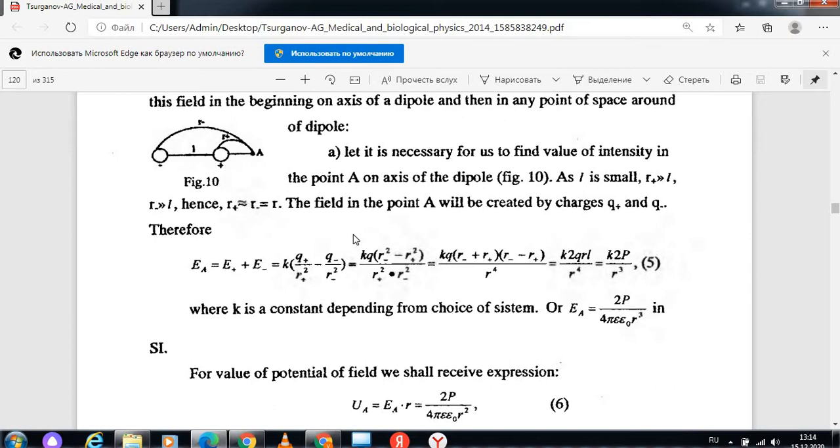And don't forget that we actually have not the same distance between these two charges. Actually, we can write the first inside these two brackets.